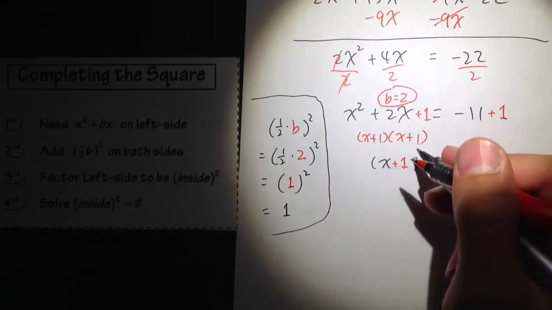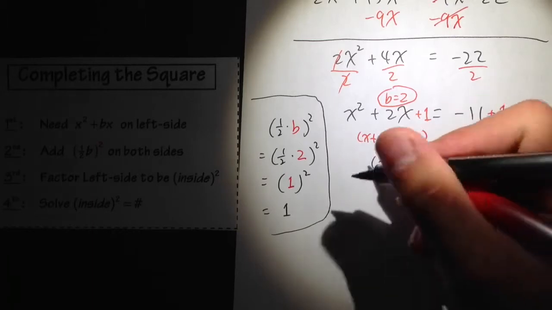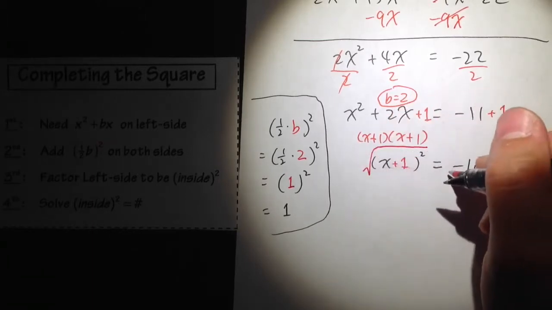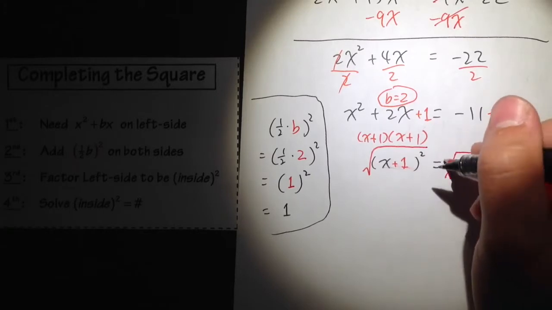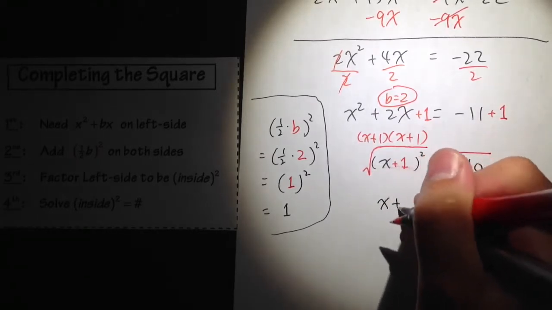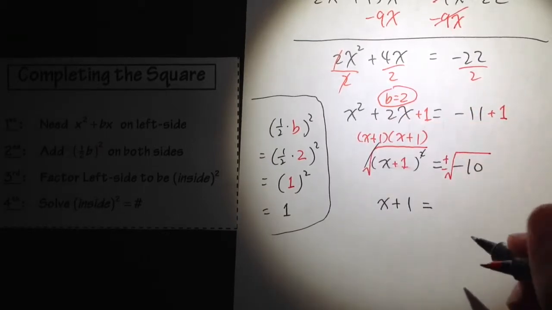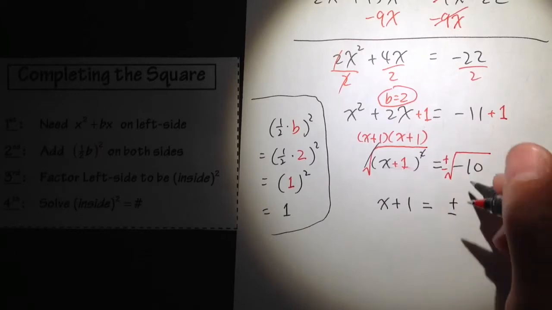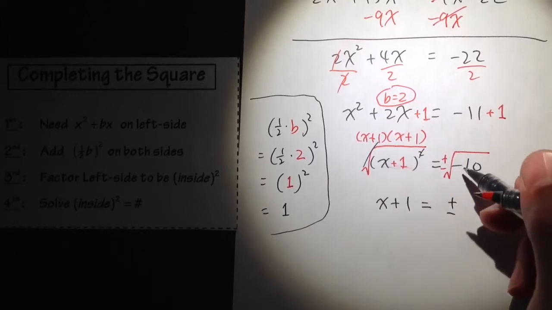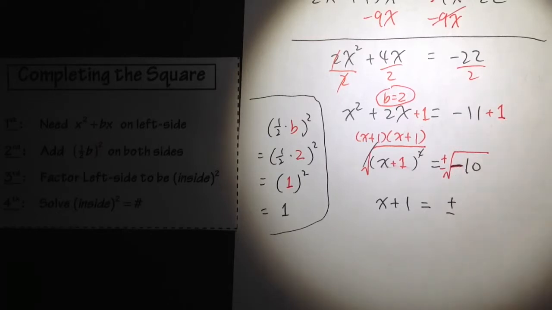Okay? So then we get something inside squared, equal to a number. Then we are going to just square root both sides. Okay? So that's plus or minus. Here I get x plus 1, because the square and the square root cancel, equals plus or minus the square root of negative 10. We have a negative inside of the square root.